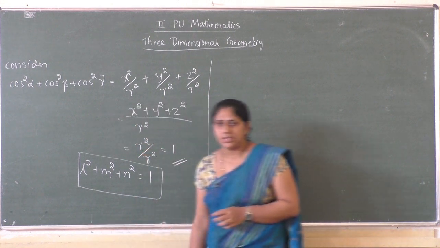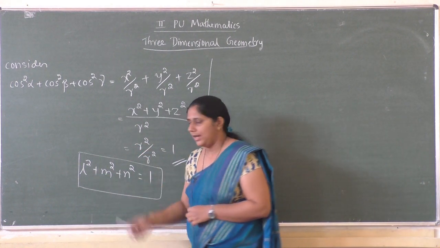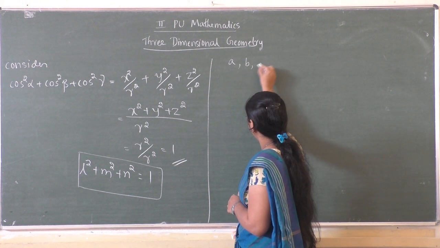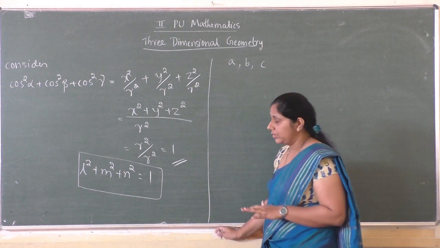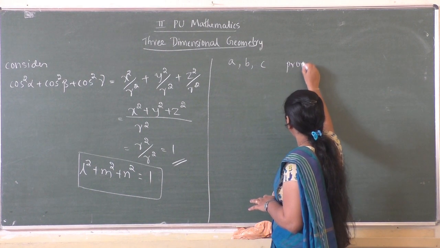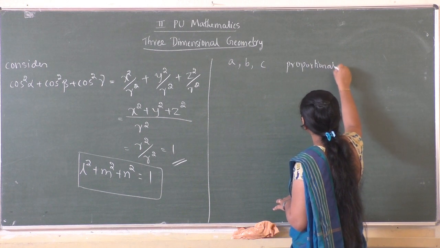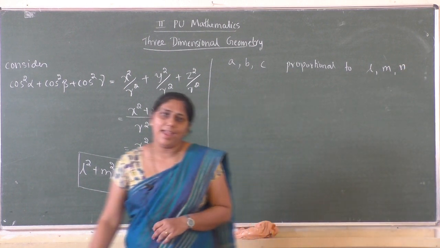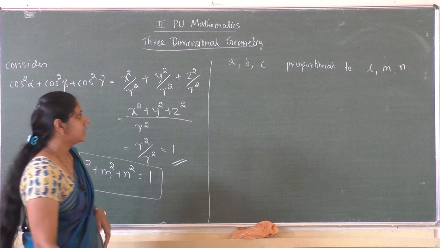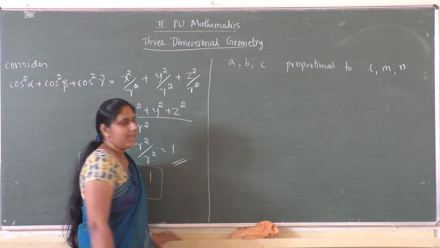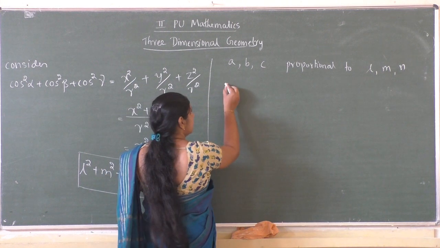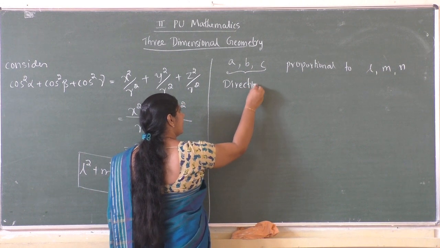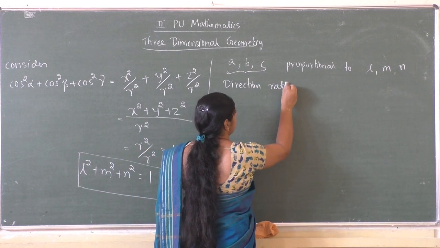See, we have the direction cosines L, M and N. Then there exist three numbers, say A, B, C, which are proportional to the direction cosines L, M and N. These three numbers are called direction ratios.